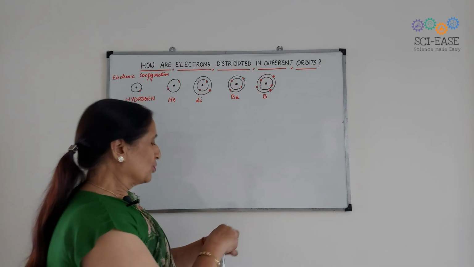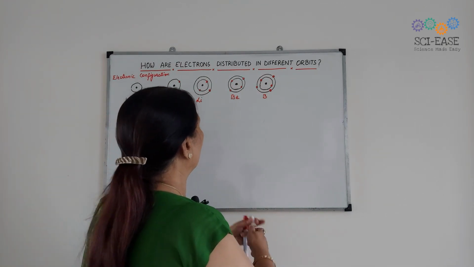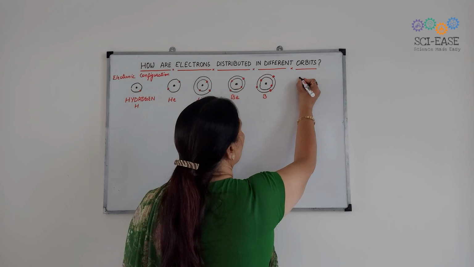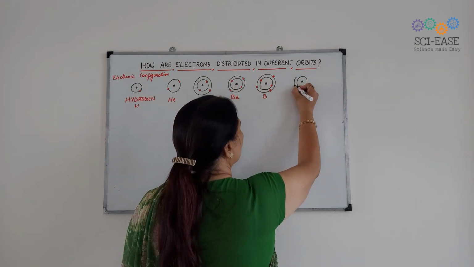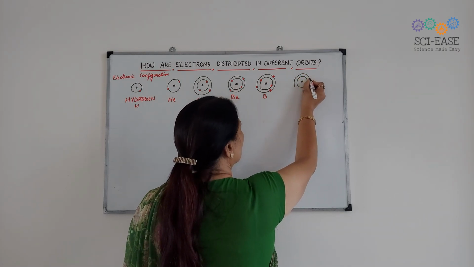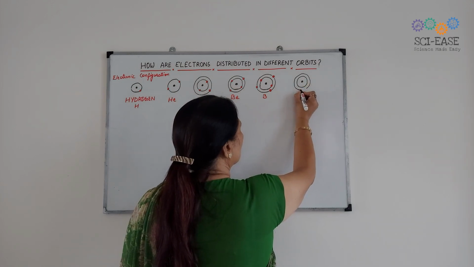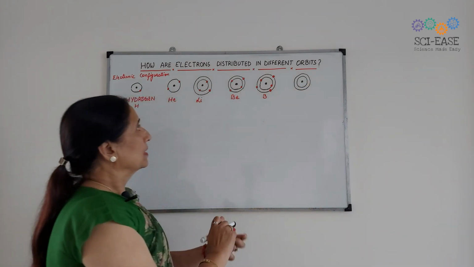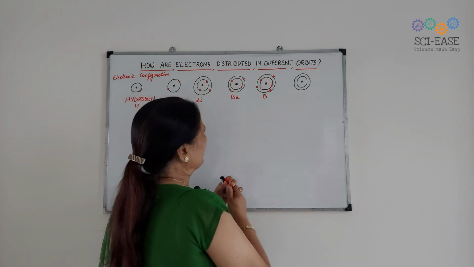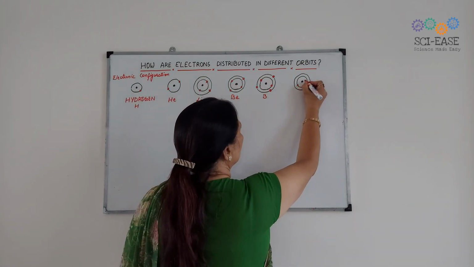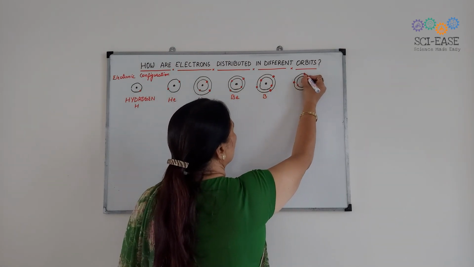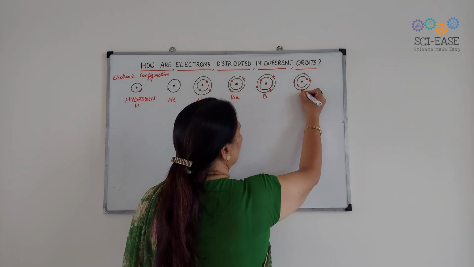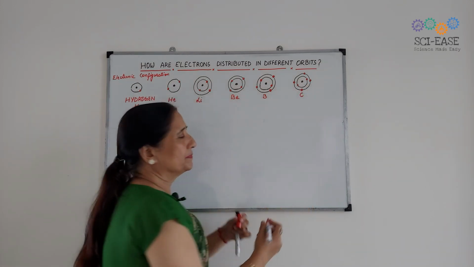So this is the nucleus, this is the first shell, and this is the second shell. 2 here, 4 here: 1, 2, 3, 4. This is carbon.